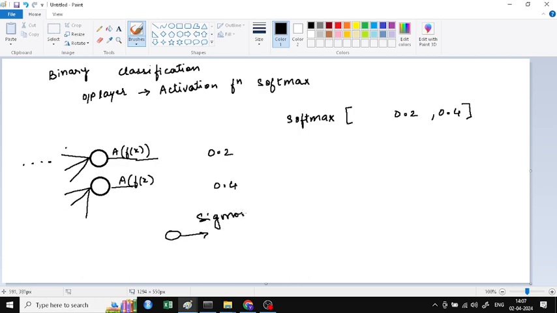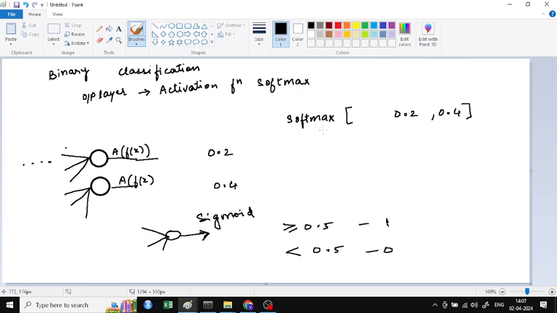The activation function being softmax, or sigmoid as a single node. In the case of sigmoid with a single node, you will have a particular threshold of 0.5. Anything greater than or equal to 0.5, you will say this is class 1, or if it's less than 0.5, you will say it is class 0.